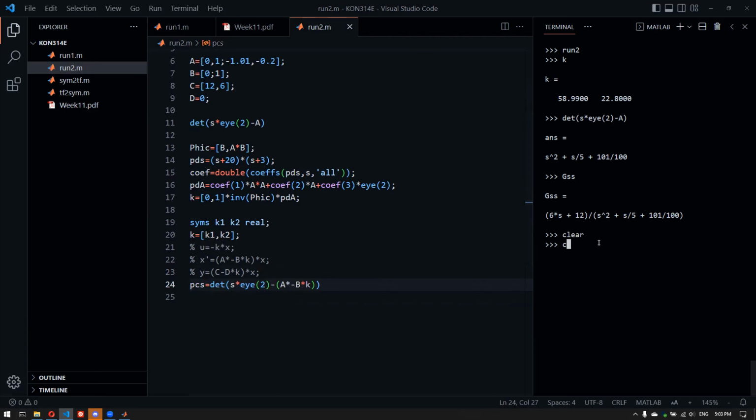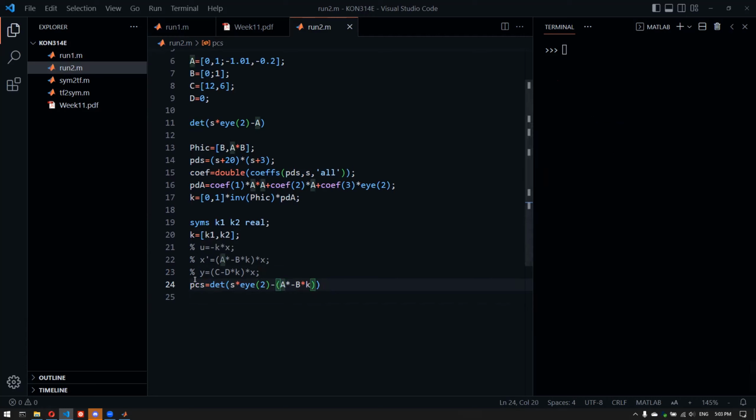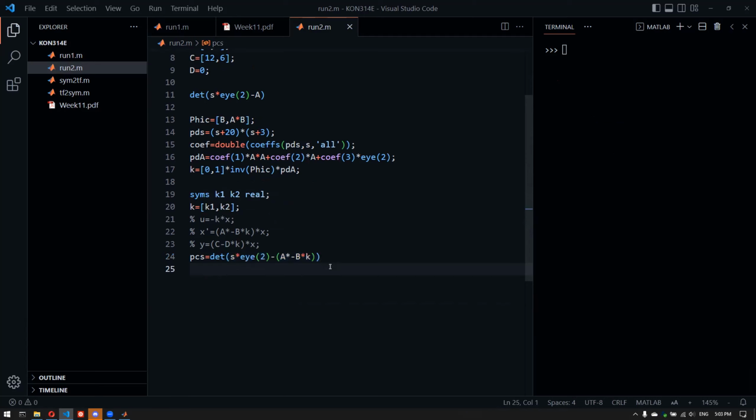This is something you know from the past. You know what PCS is. K1 and K2 are going to be controller parameters, but I'm looking at the closed loop transfer function denominator here, and it will give me the following: s squared plus k1 times s minus k2 times s divided by 5.